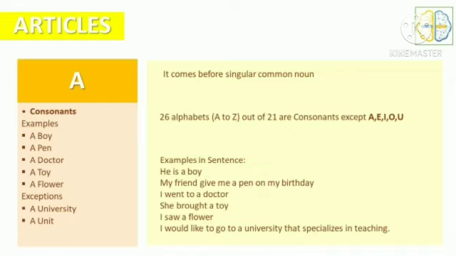But the sound of U here is the consonant sound, like in year. In umbrella or uncle, that is a different sound of U. Here university sounds like 'yoo', and the y sound comes under the consonant. Any vowel that gives the sound of a consonant, we use article a. Hope it's clear to you.